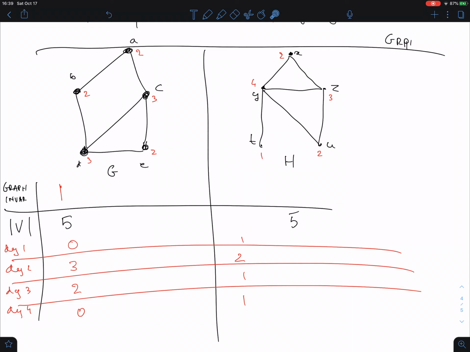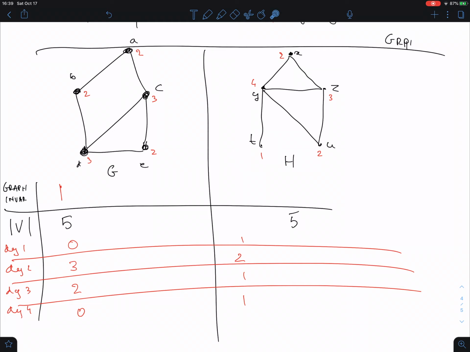There are 8 edges in both, so that's definitely the same number. Not going to even mention that anymore. And furthermore, this is connected there, this is connected there, this is connected there, and this is connected there. So this is A, B, C, D, E, F, G, H.